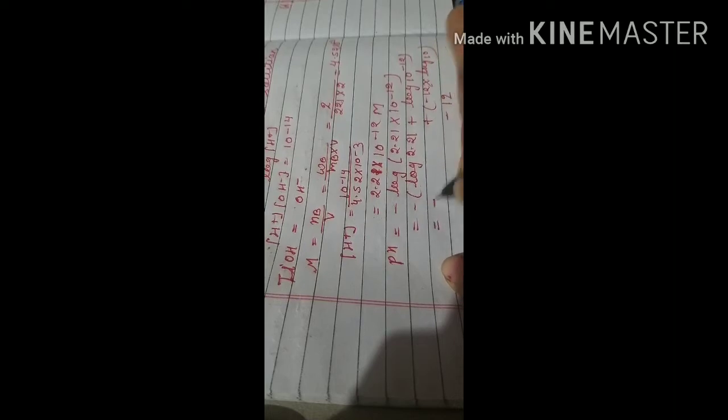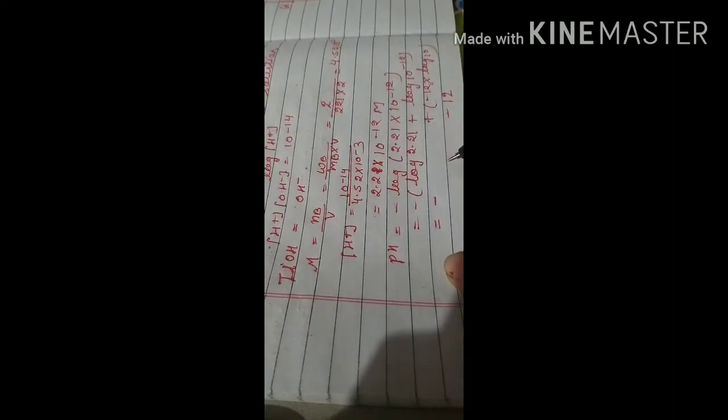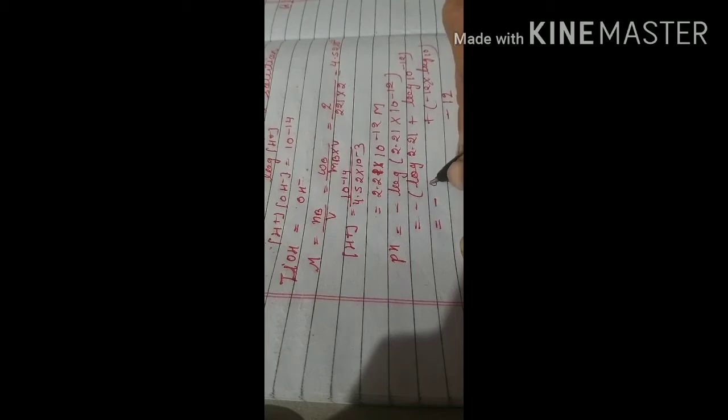And for the value of log 2.21, you will get 0.3424. Again I am writing here negative 0.3424.